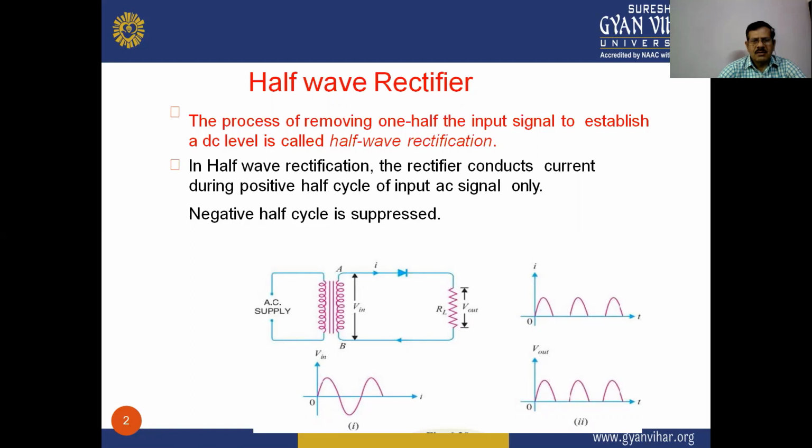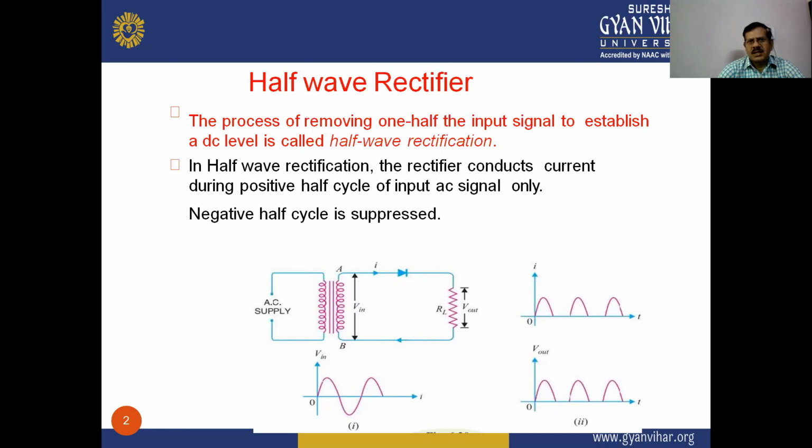What is the half wave rectifier? The process of removing one half of the input signal to establish a DC level is called half wave rectification. So this is the concept of the half wave rectifier.